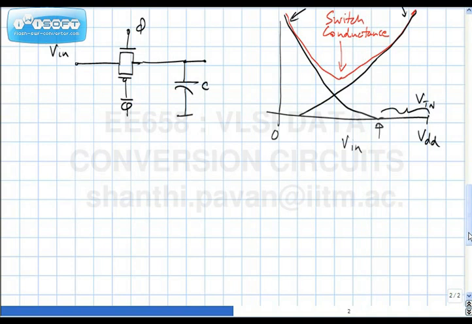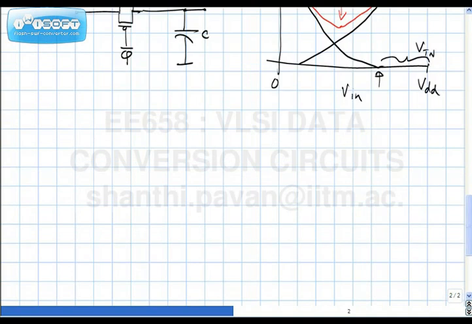So before we get into the non-idealities in the hold phase, let us quickly evaluate what kind of distortion numbers we can expect when you have a sample and hold like this. In other words, this is a nonlinear resistor.